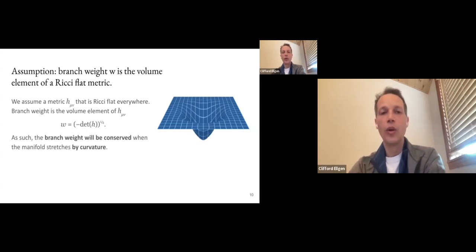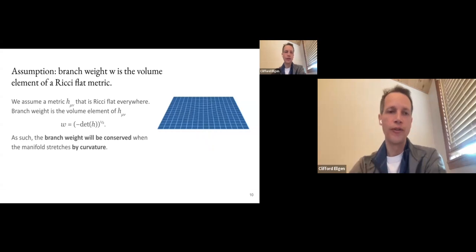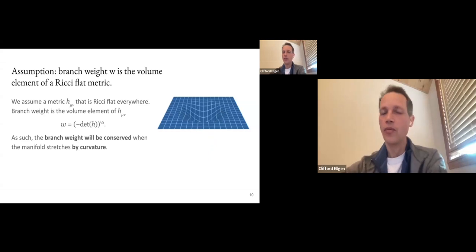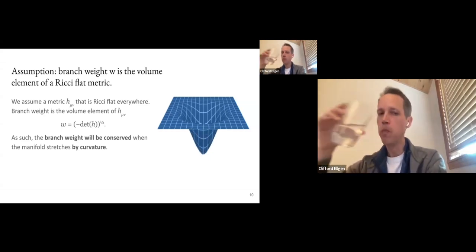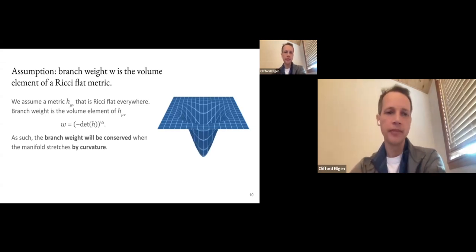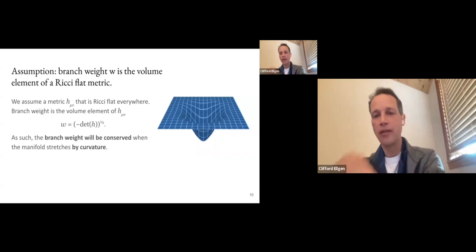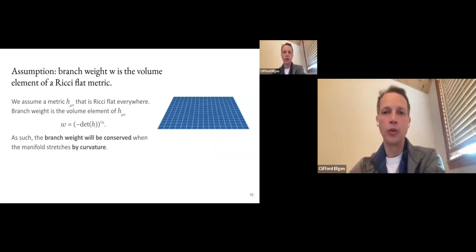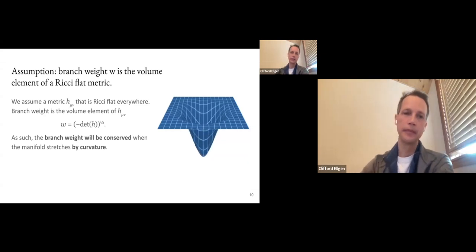And then we use H to define our branch weight W in a slightly more mathematical way, where we say that W is equal to the volume element of that metric H. If we do that, then we have this desirable relationship between the volume of the spacetime manifold that results from its curvature and the branch weight, such that the total branch weight on this manifold will be conserved even when it's stretching.